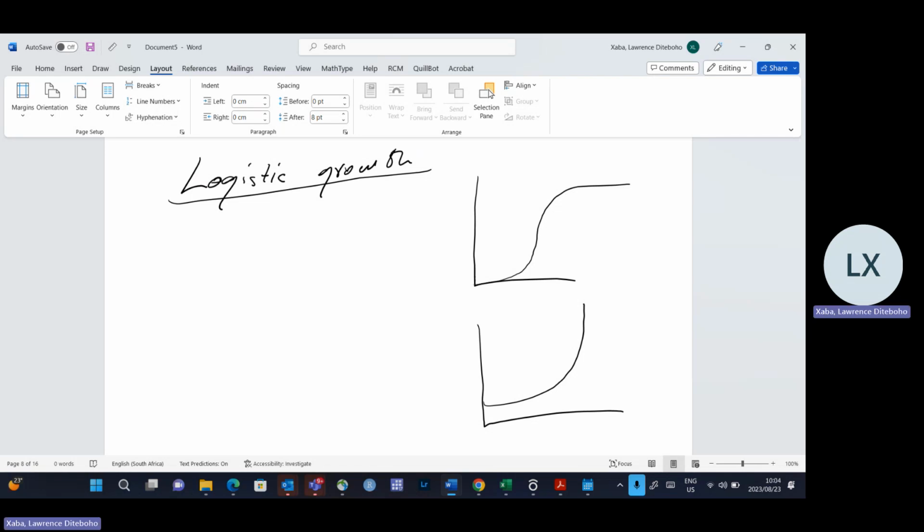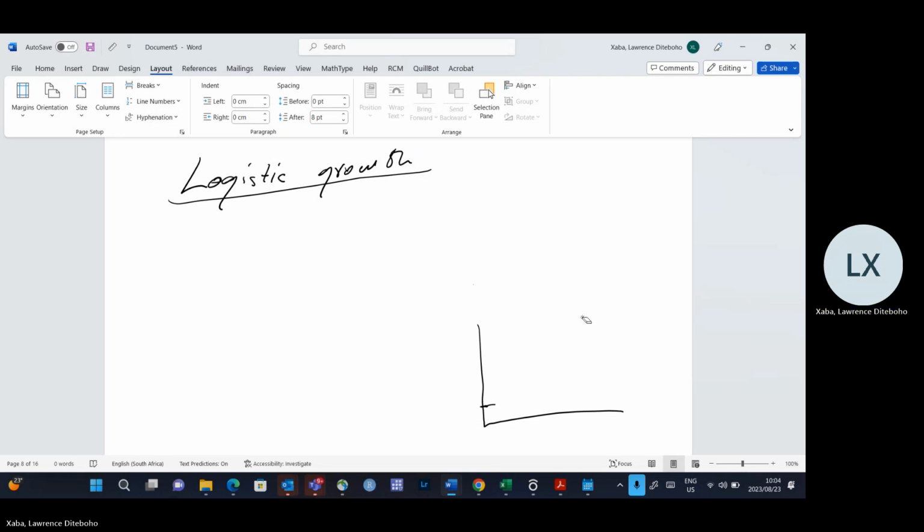It will grow, but somewhere it will stop, and that will be determined by, for an example that I made, if this rabbit finished the food. So that tells you that there will be no further growth for the rabbits. So that's how is your logistic growth as compared to your unlimited growth, where there's no limit. Like I said, it just keeps on growing, like your population, your investment.